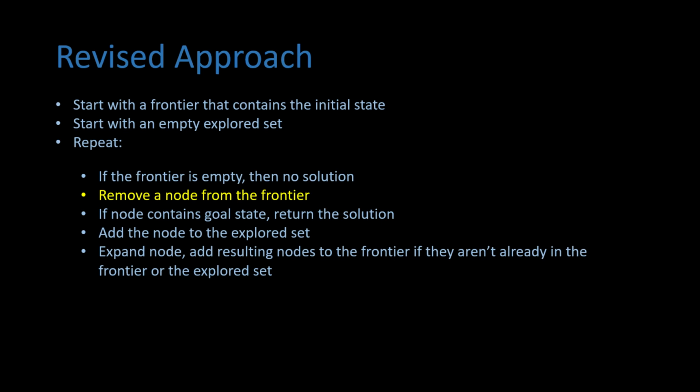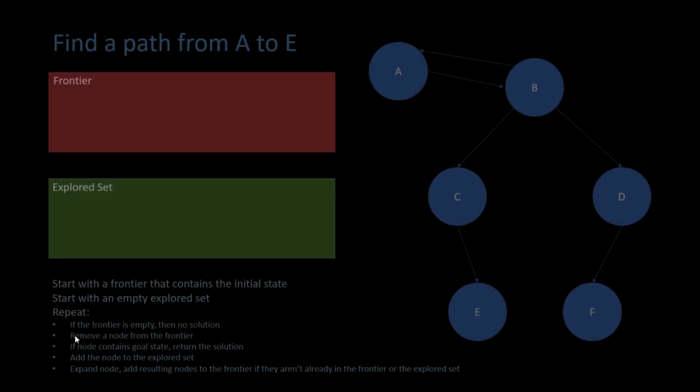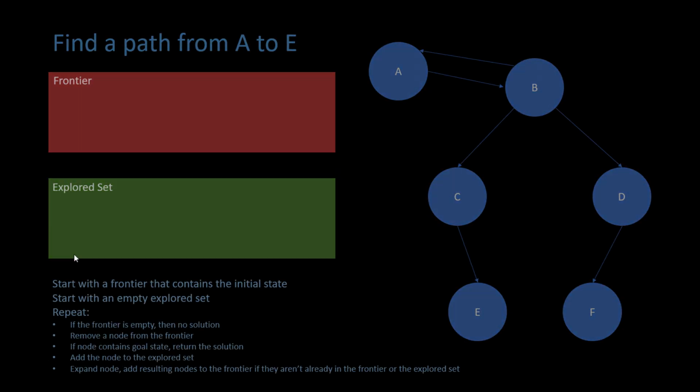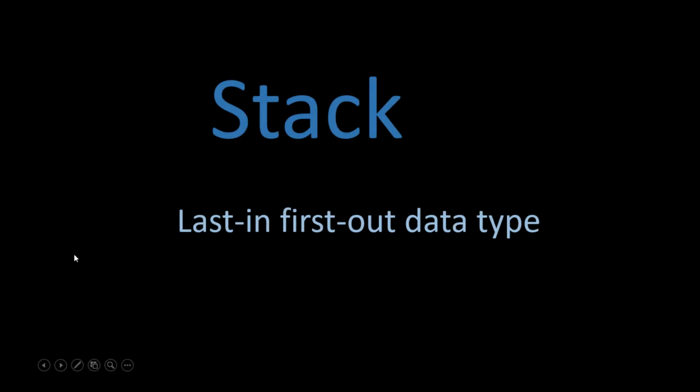It could be the first, could be the last, but now I'm using a stack approach. A stack approach pretty much means a last-in, first-out data type. Pretty much means that the last that enters will be the first to leave.